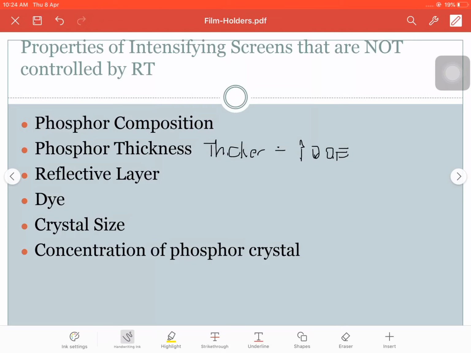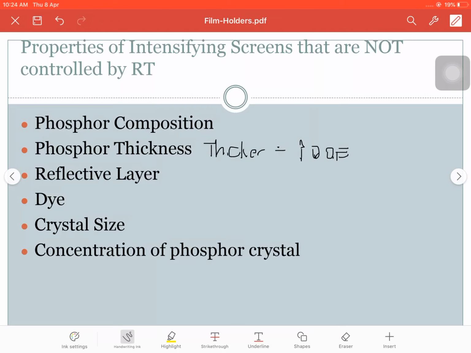So high-speed screens have thick phosphor layer, and then fine detail screens have thin phosphor layer. Next is the reflective layer. Reflective layer increases screen speed but also increases image blur.